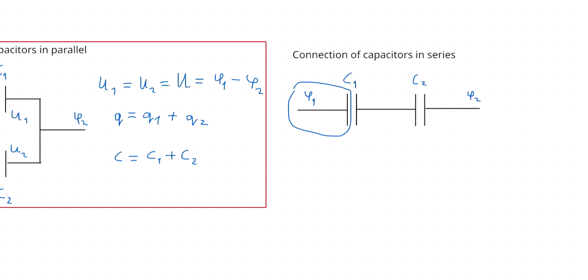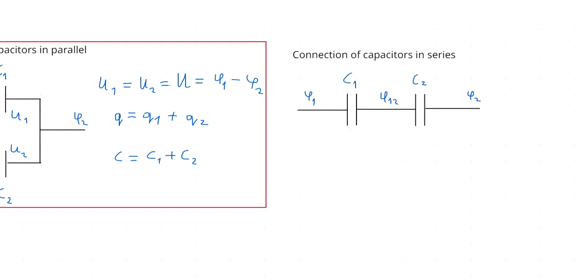The second conductor is here. And the third conductor between the first and second has its own electrostatic potential that we will assign as phi 1,2.